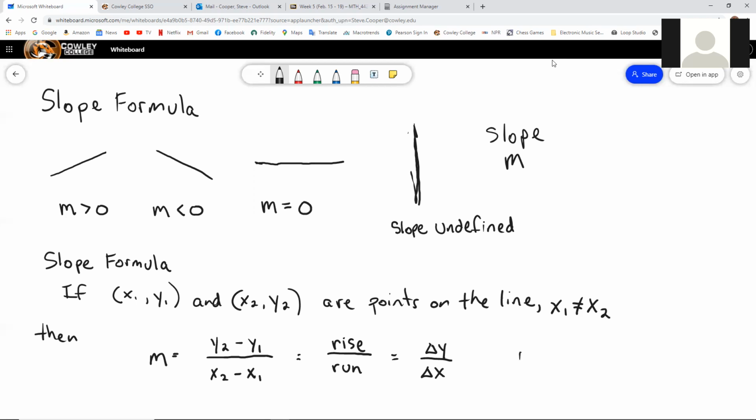And if x1 equals x2, we've got to clear up this case. Then we're in this situation where the slope is undefined. Okay.